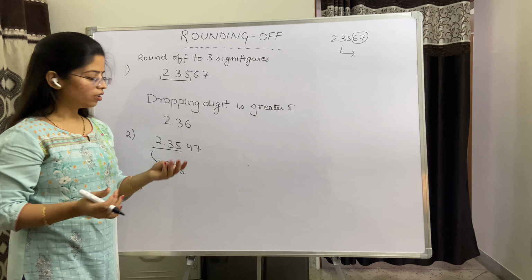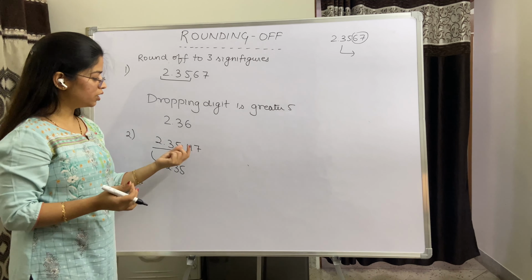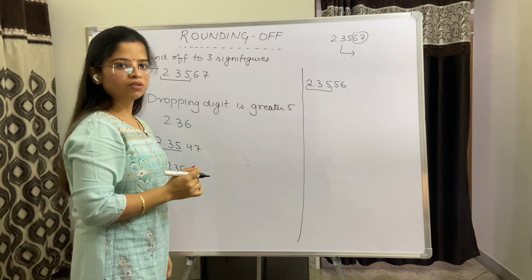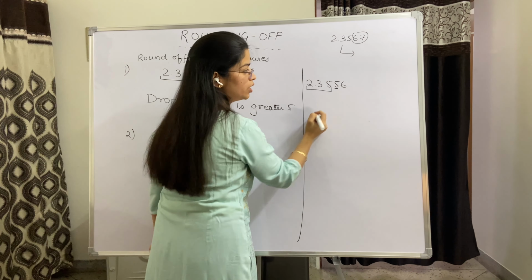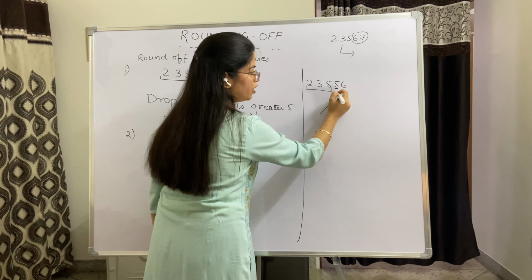Now what if the dropping digit is 5? Let's say 2.3556. In this case also, I want to keep these numbers, but the dropping digit is 5. So we have 2 basic rules for this. If the dropping digit is 5, then we'll check the preceding number.